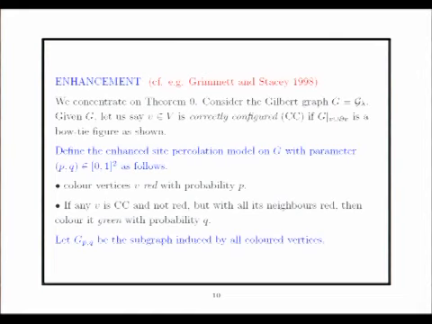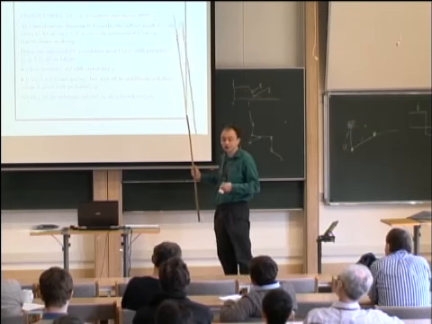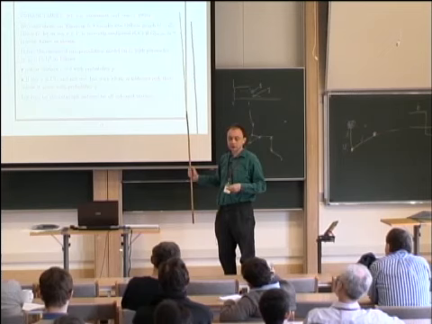Okay, so we're going to say something about the proof, mainly of theorem 0. That was the one for the Gilbert graph where you just connect points at distance less than 1. So that uses this enhancement technique, which Massimo did mention, without saying too much about. Well, I mentioned a paper by Grimmett and Stacey from 1998, and as Massimo mentioned, there are some earlier papers, Menshikov in the 1980s, Aizenman and Grimmett 1991, have also used this technique.